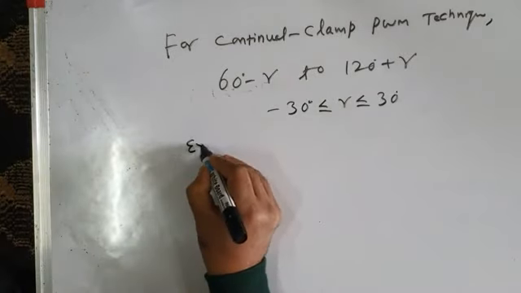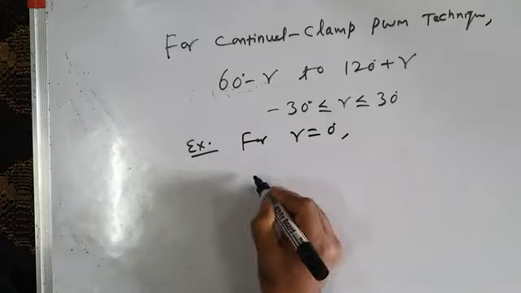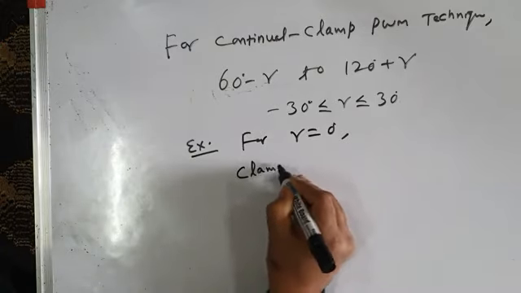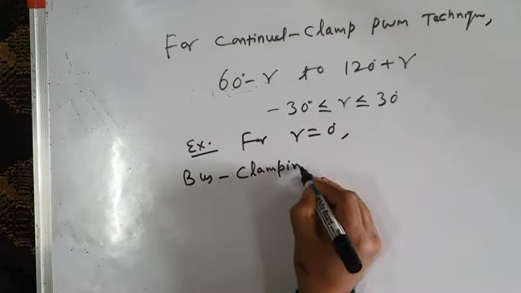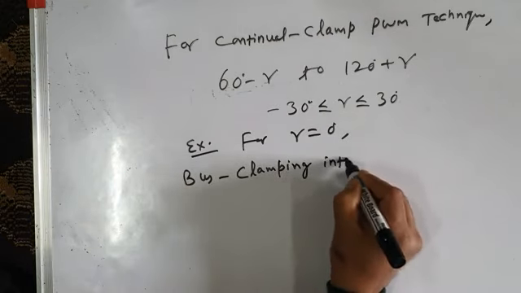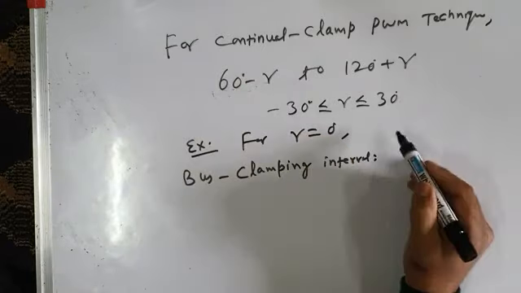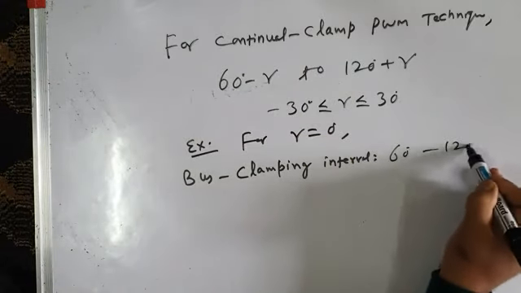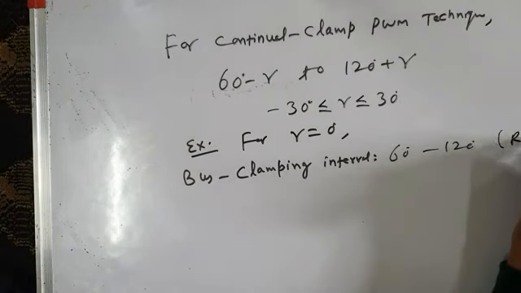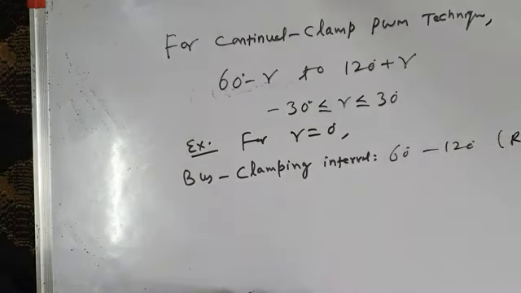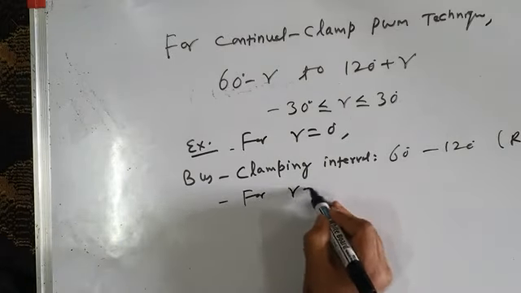Let us take an example. For gamma equal to 0 degree, the bus clamping interval, putting gamma equal to 0 here, is 60 degrees to 120 degrees, and we have already discussed it, say for phase leg R phase. Let us take gamma equal to 30 degrees.